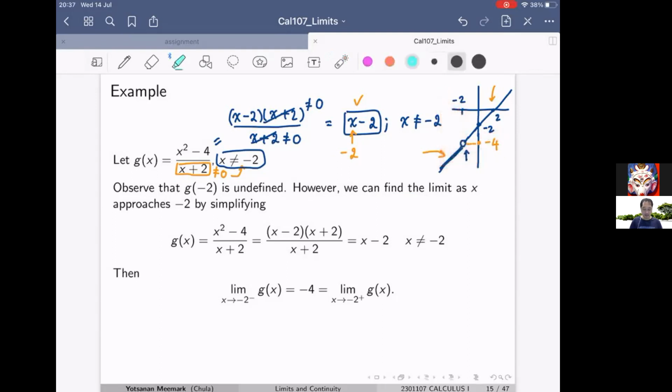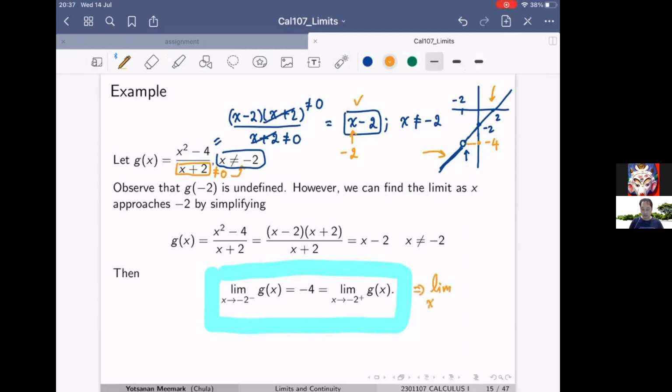So from that graph, the limit as your x goes to -2, either from the left or from the right, of this function will be equal to -4. So what can you conclude? This one equals -4.